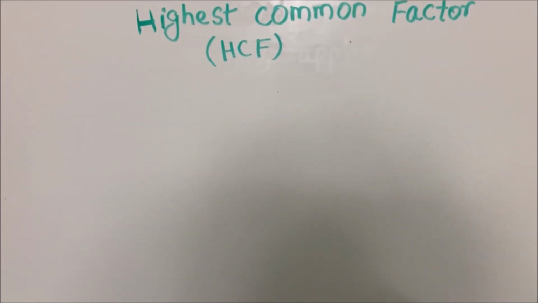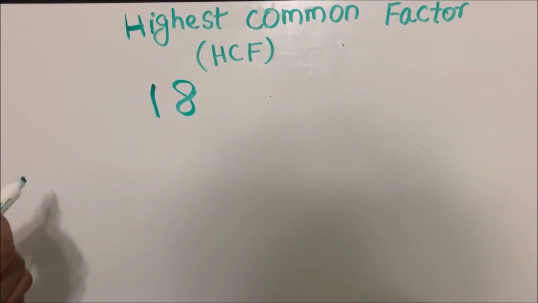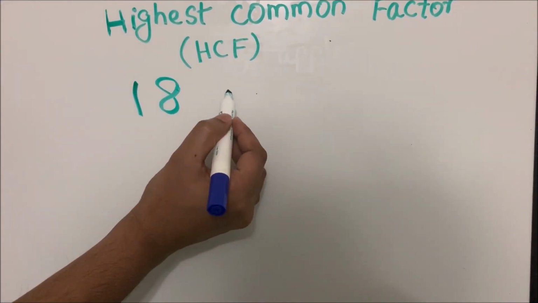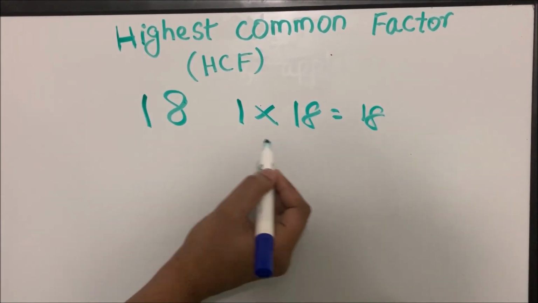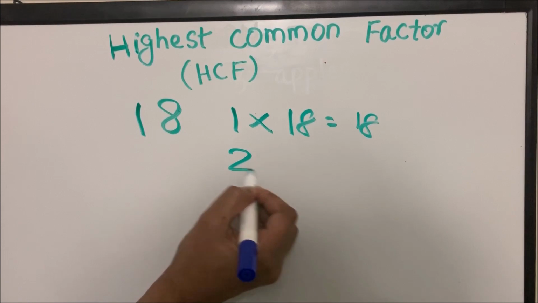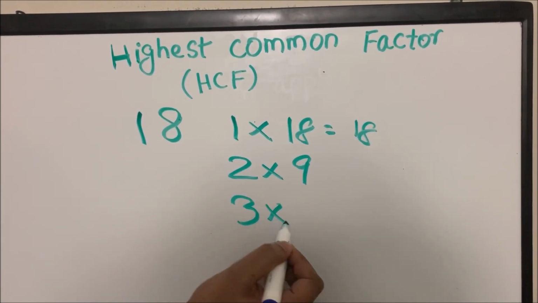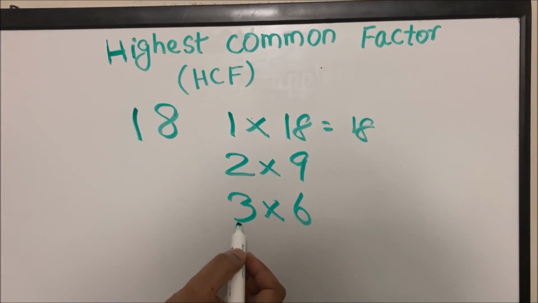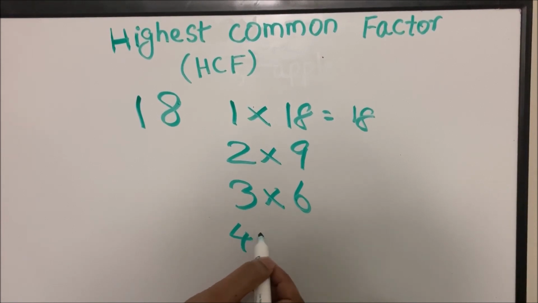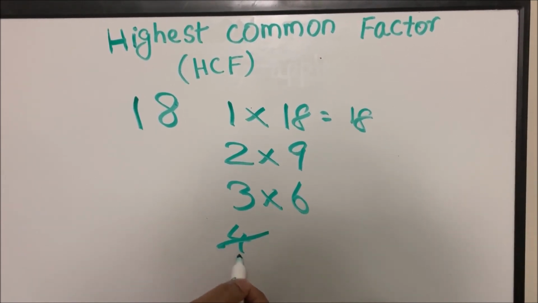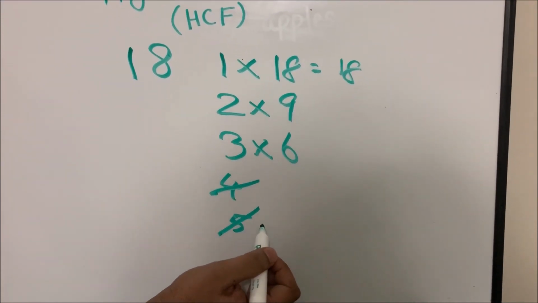Similarly, let us take another number, say 18. Starting with 1, 1 into 18 gives 18. And then 2 into 9 gives 18. Then 3 into 6 gives 18. Then 4 doesn't have any multiplication factor, and 5 doesn't have anything which gives 18.